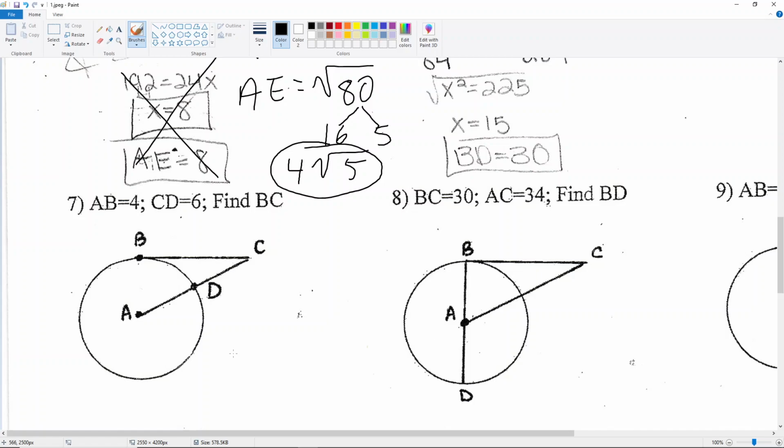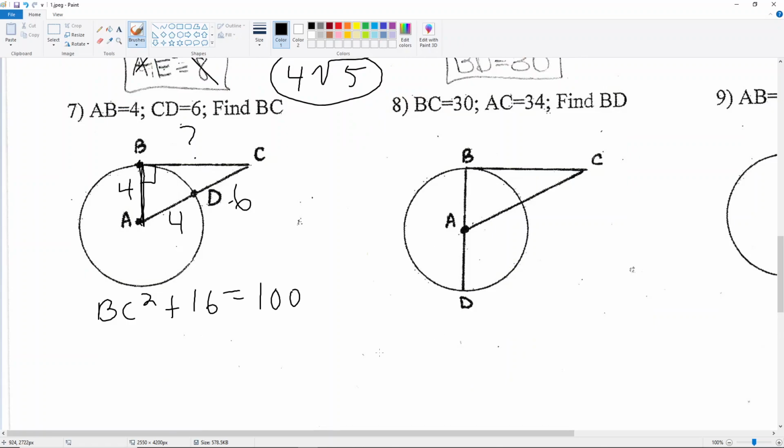AB equals 4. CD equals 6. Find BC. Well, if AB equals 4, then AD also equals 4. I think I can show you two ways to do this one. BC is a leg of a right triangle, so Pythagoras: BC squared plus 4 squared equals 10 squared, which is 100.